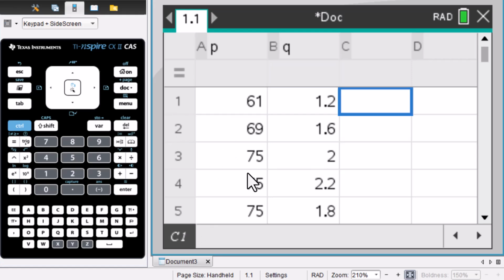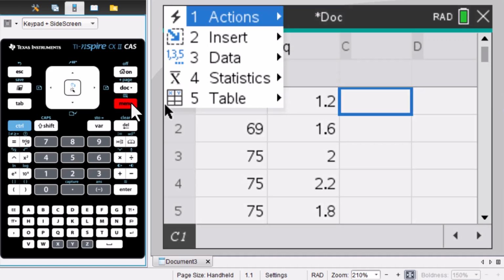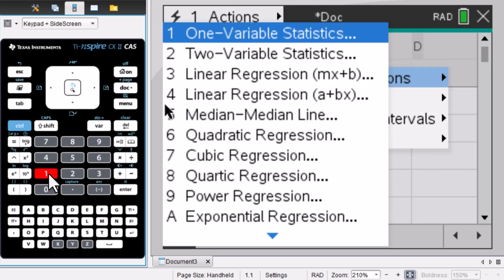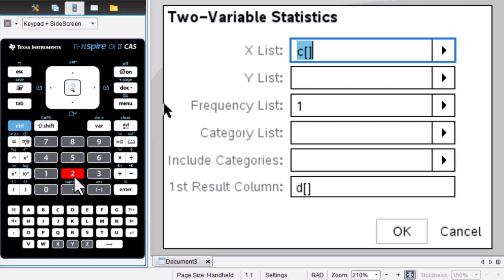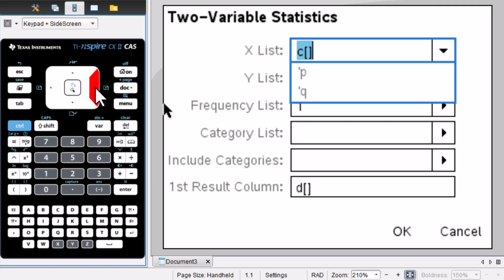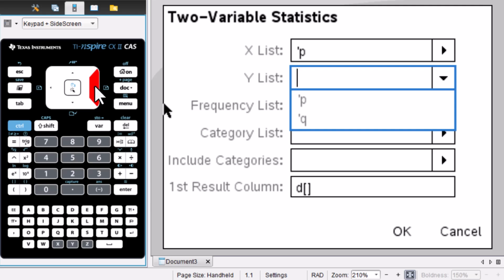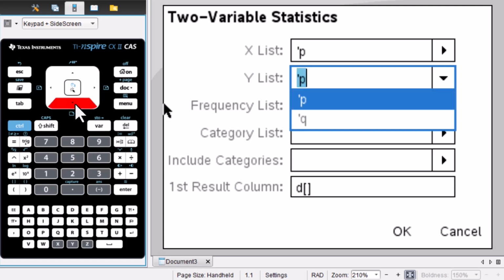After you put in all the data, go to Menu, 4. Stat calculations 1. 2. Two variable stats. Double-click this right arrow button. Choose P. Click this right arrow button again. Go to Q.